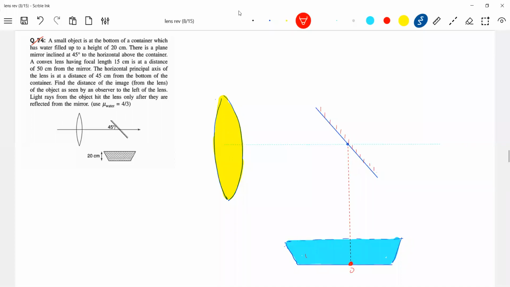There is water. For the mirror, where will it appear? The first question: it will not appear at a; this is the height of the water. Next, it tells the distance from the principal axis, the horizontal principal axis of the lens, to the bottom. Height of the water is how much? 20. So the remaining distance, how much will it be? 25 centimeter.